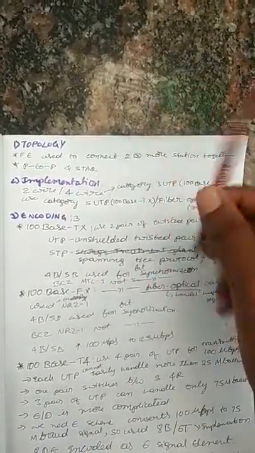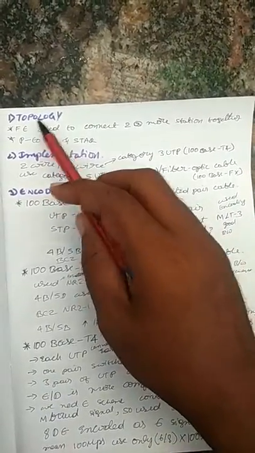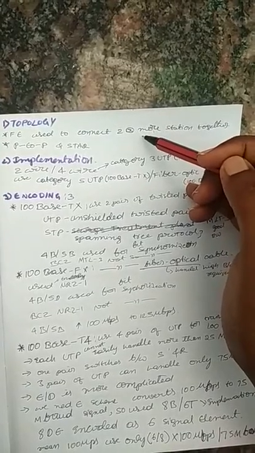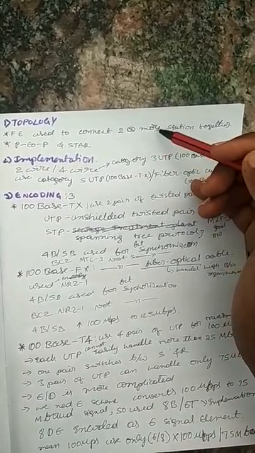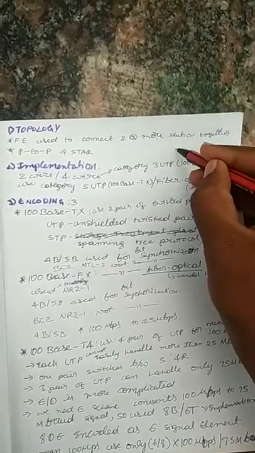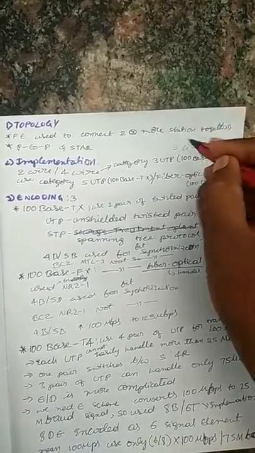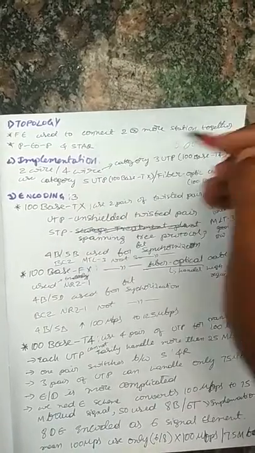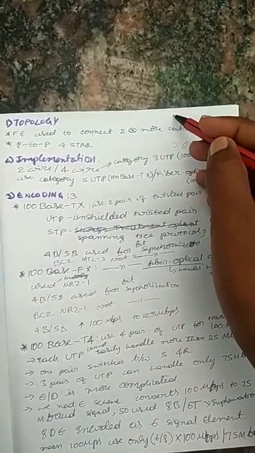If there are only two stations, we use point to point topology. If there are more than two stations, suppose 3 or 4 stations, we use star topology. In star topology, all the stations are connected to one hub.